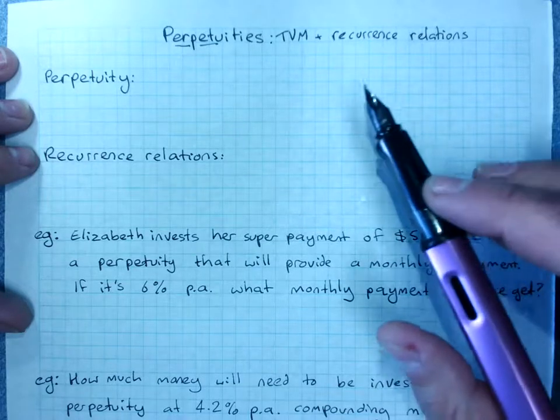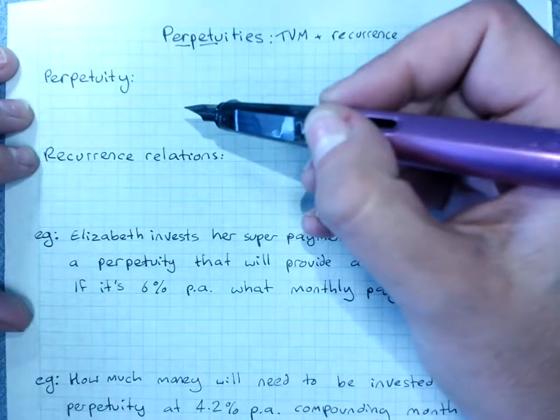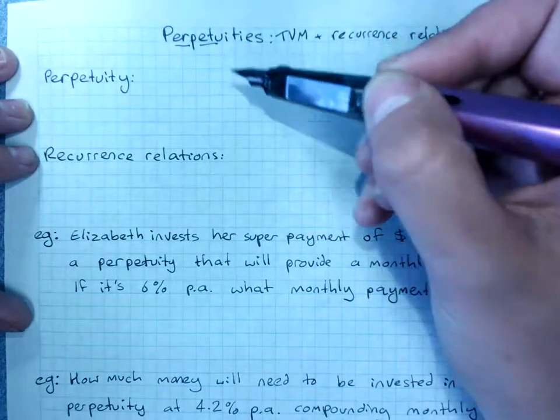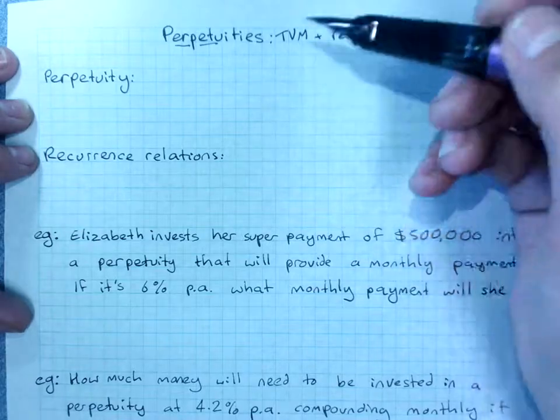So we've got money in the bank, interest is earned, we take the interest out, we go back to the original amount. Interest is earned, we take the interest out, we go back to the original amount.